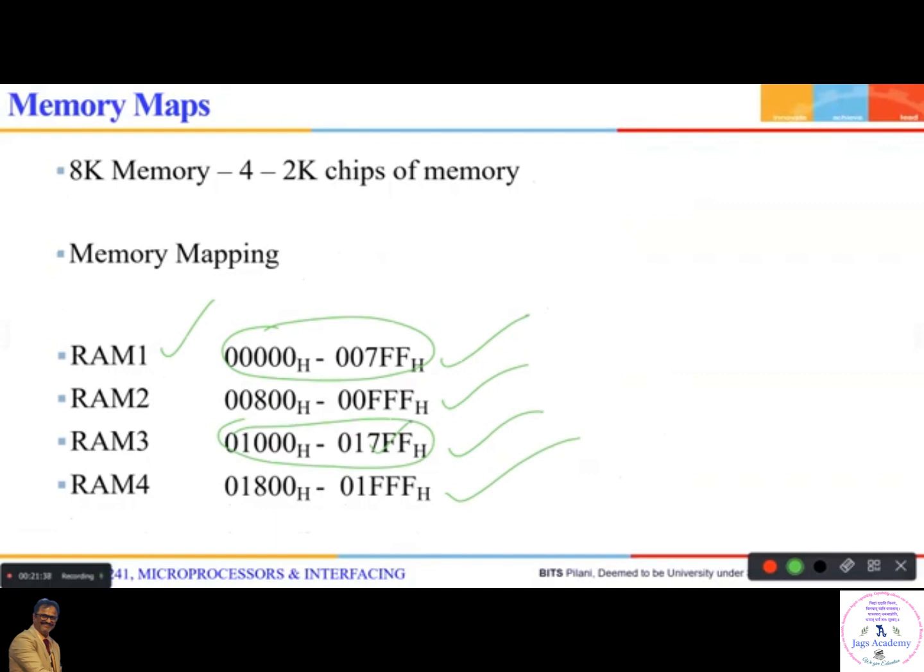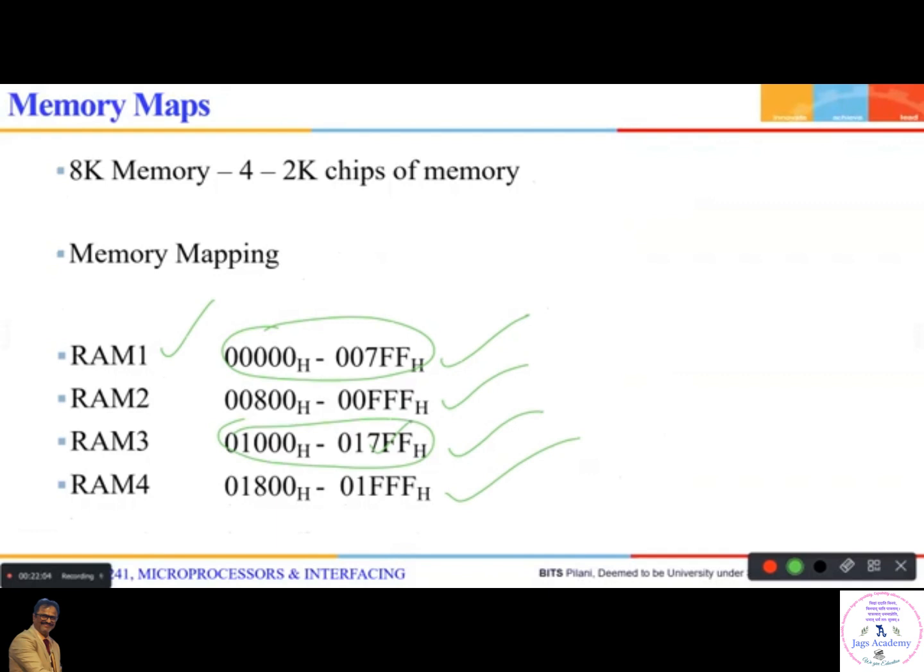Yesterday I said a 3 to 8 decoder can select how many lines? 8 lines, just by giving a 3-bit input coming from the address lines. So out of A19 to A0, we can use any 3 address lines unique to this RAM as input to the decoder logic.